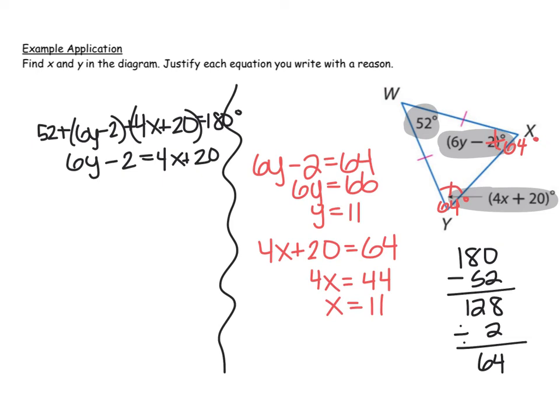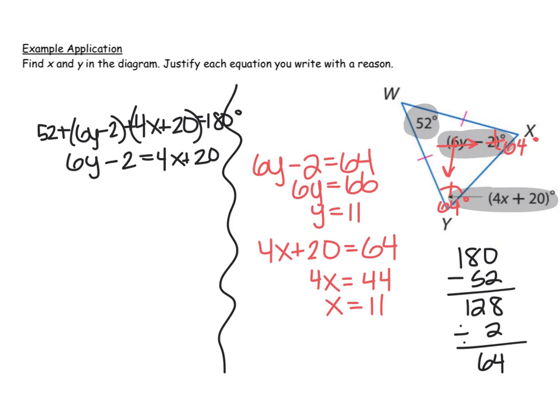So I can either use the isosceles triangle theorem to show that the base angles are congruent, and then use the triangle angle sum theorem to subtract the 52 and share the 128 degrees equally, or I could set up a system and solve it that way.